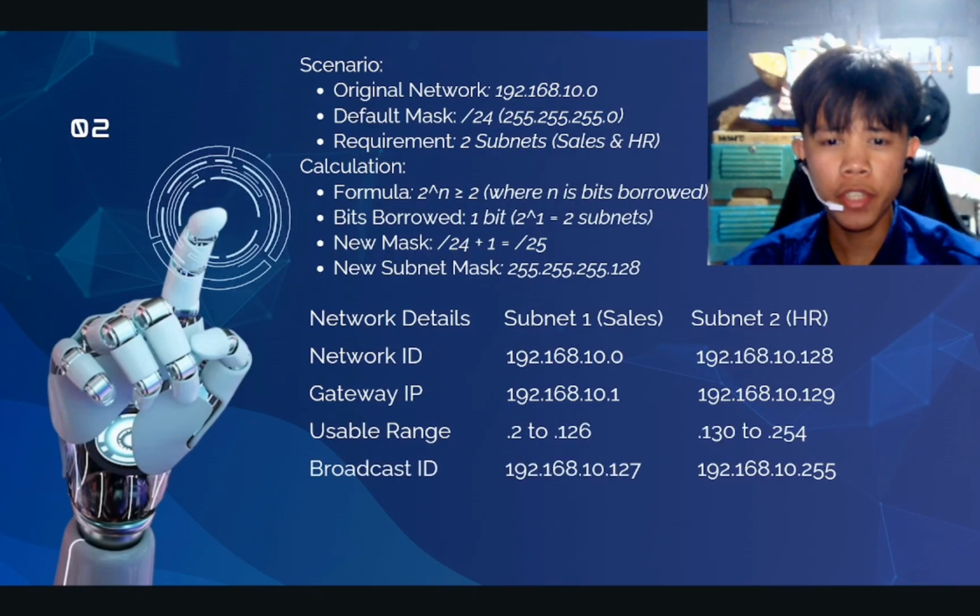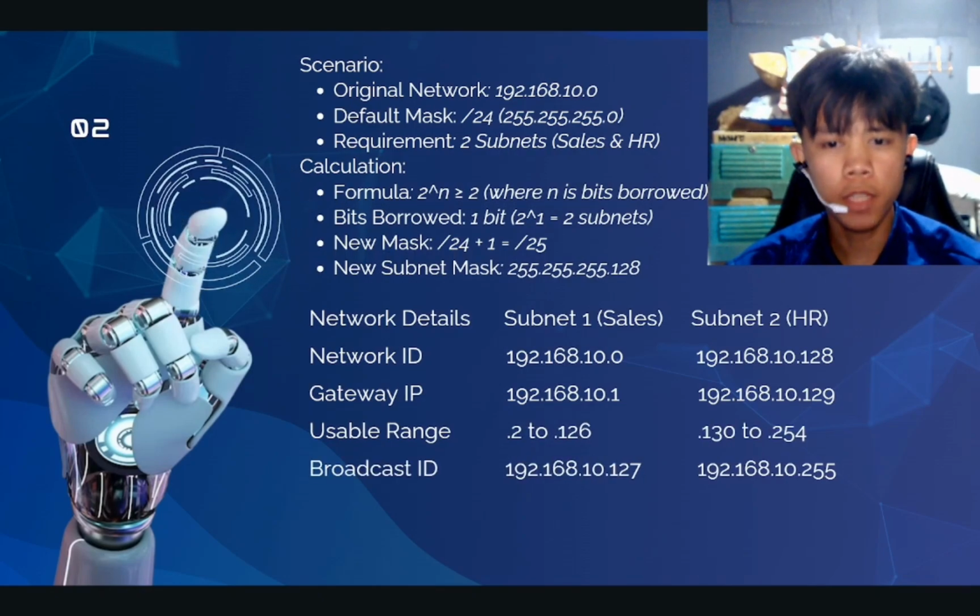Before we configure the devices, we must first perform the subnetting computation. Let's assume we have the Class C network address 192.168.10.0, with a default subnet mask of /24.